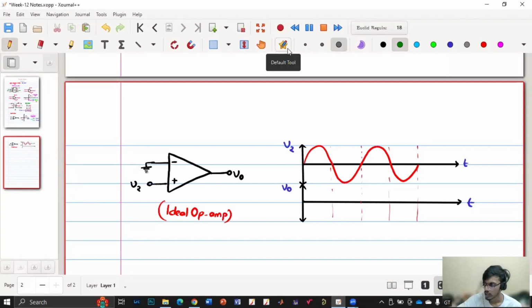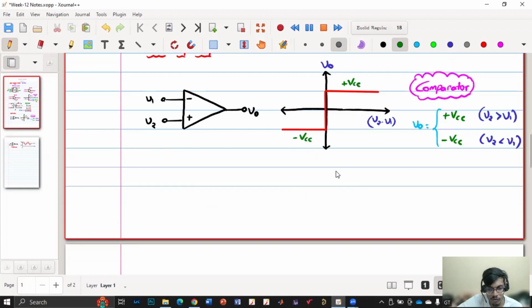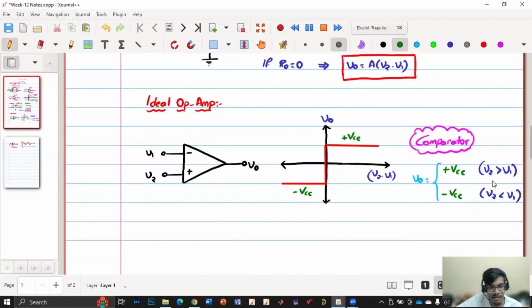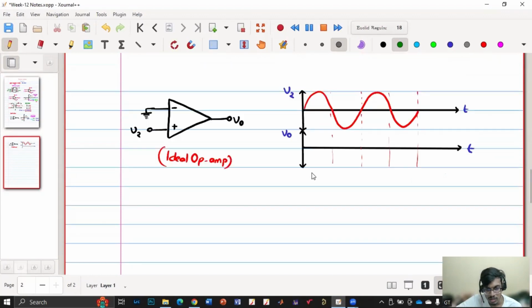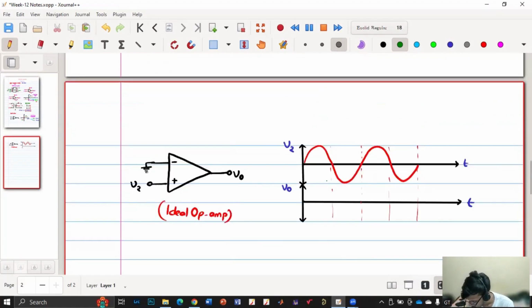If we go back to this waveform, we can see that here V1 is 0. So if V2 is greater than 0, it will be plus VCC. If V2 is less than 0, then it will be minus VCC. So it is basically working like a comparator. For this cycle, it will be plus, this cycle, it will be minus, and the same thing continues.